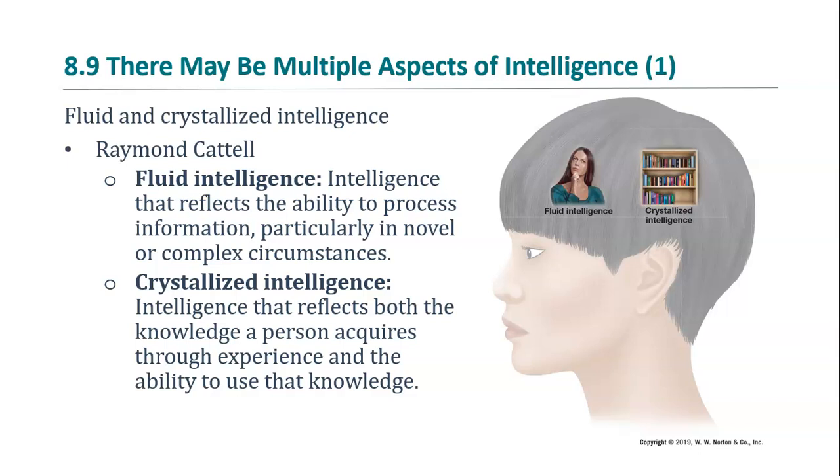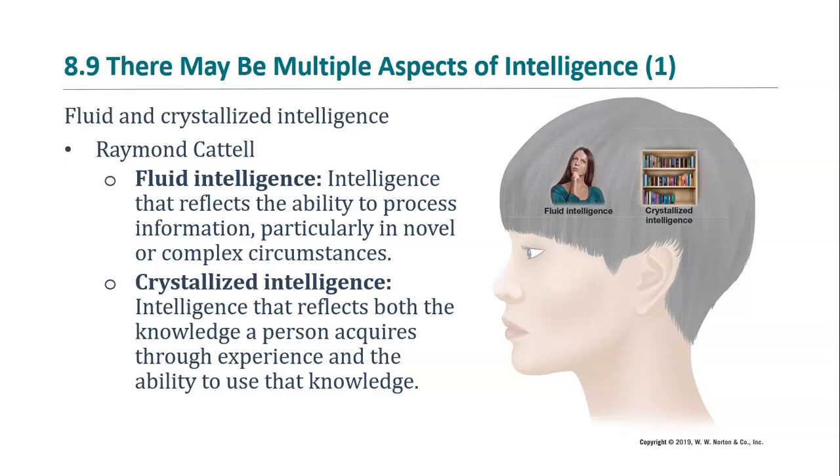And this is something that peaks in the early 20s and declines thereafter. Crystallized intelligence is the accumulated knowledge that a person has, so that they're able to solve problems because they already know some of the answers.